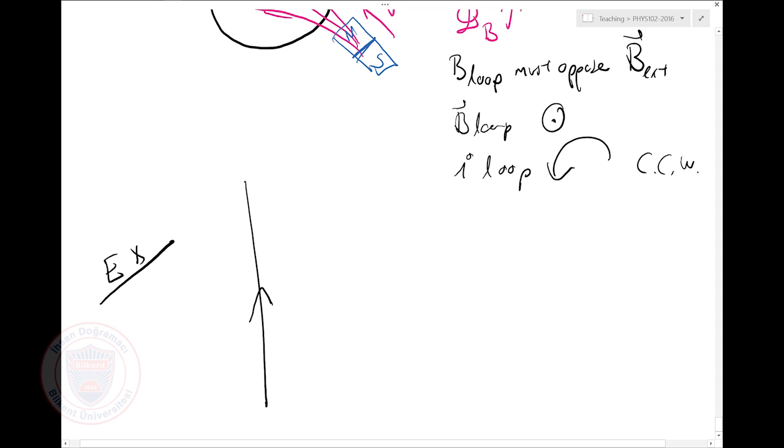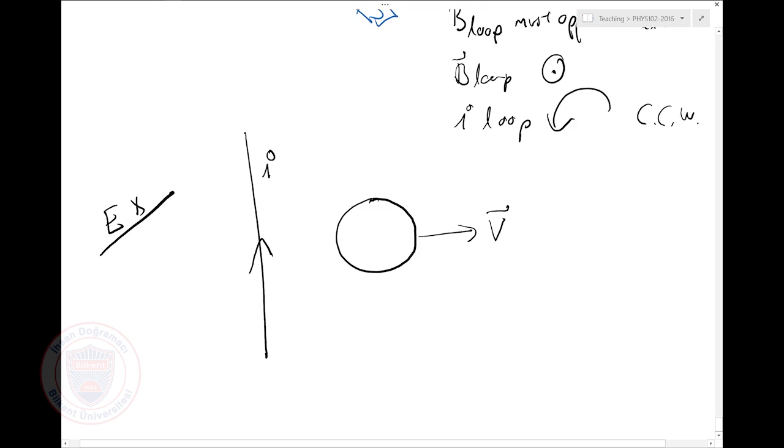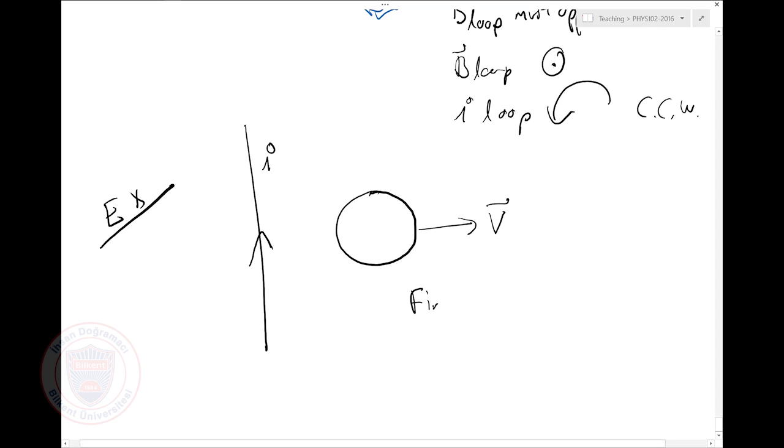I have an infinite wire carrying current I and a loop of wire which is going away from the wire with velocity v. Find the direction of the current in the circular loop.